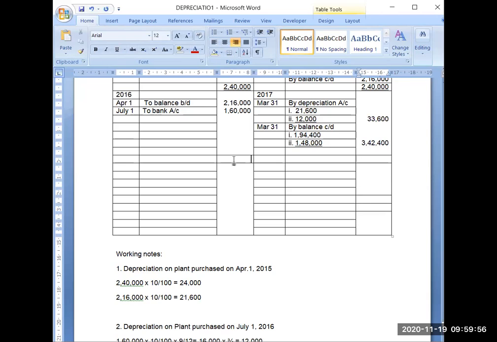Now we can total both the sides. This total will be 3,76,000. Yes, it should be equal. Then in 2017, April 1st, we will write down the opening balances.